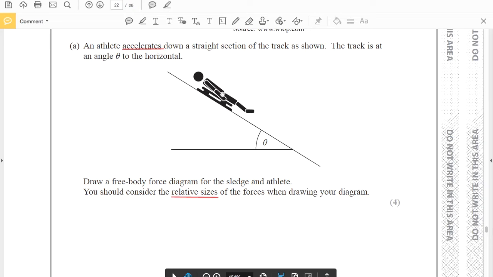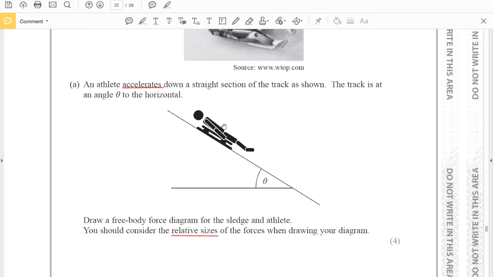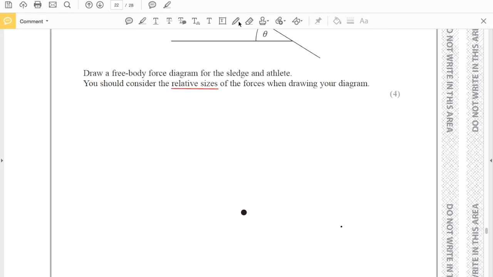Now, what are the forces acting on him? Obviously, the weight acting down, the frictional force acting in the opposite direction of the movement, and the reaction force acting perpendicular to the surface. Let's draw that first.